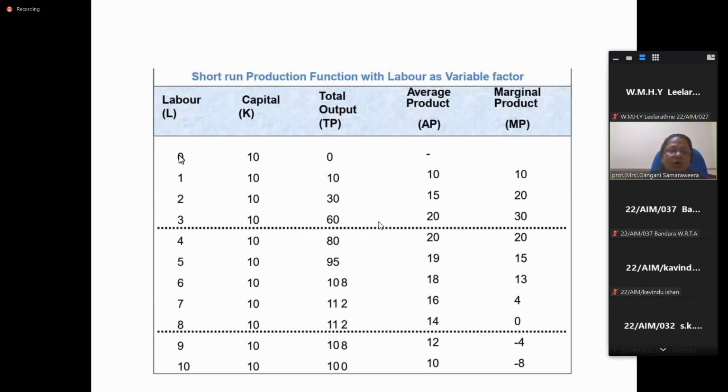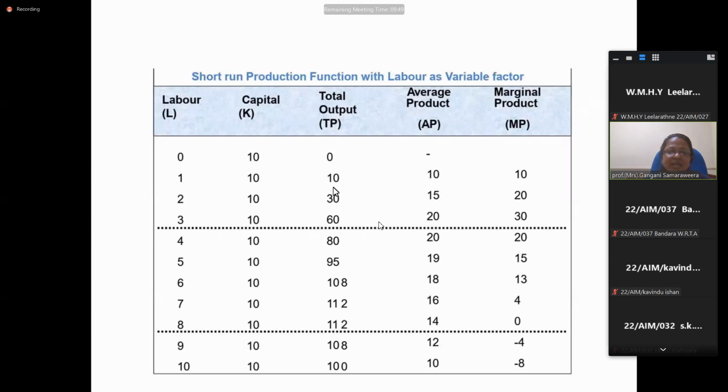So here, all together, it is change. First we see the change of output: 0 to 10, what is the change? 10. And the change of input, 0 to 1, is 1. Then 10 divided by 1, the answer is 10.